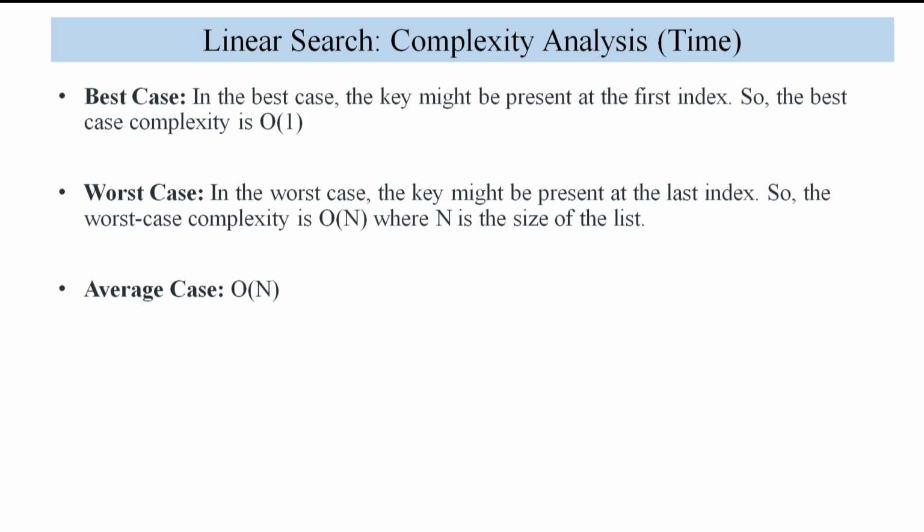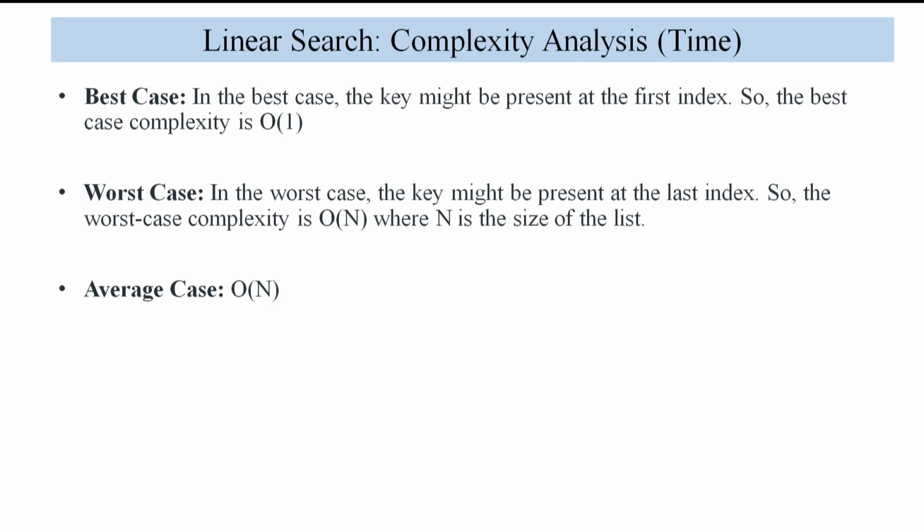So in a generalized way, we can say it is order of n. And in the average case, the element may be present anywhere between the first and last location, so on average we are required to search half of the list. So it may be order of n by 2.